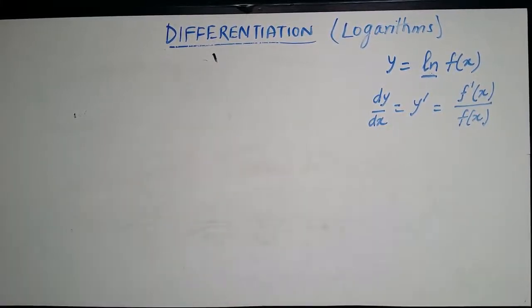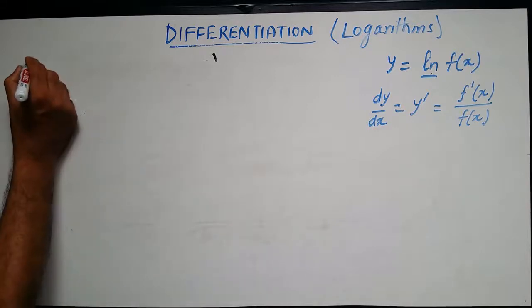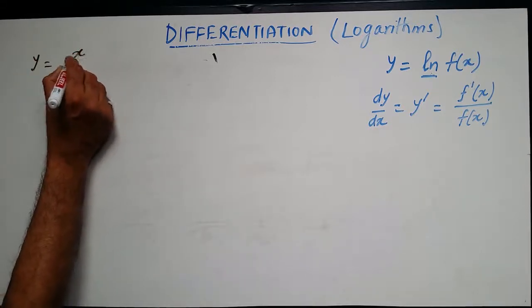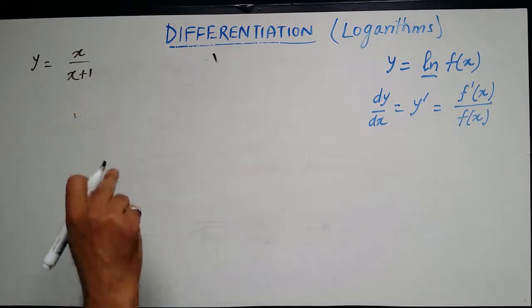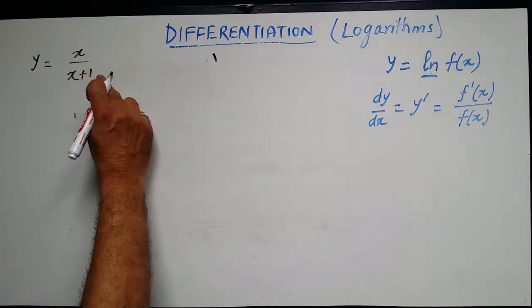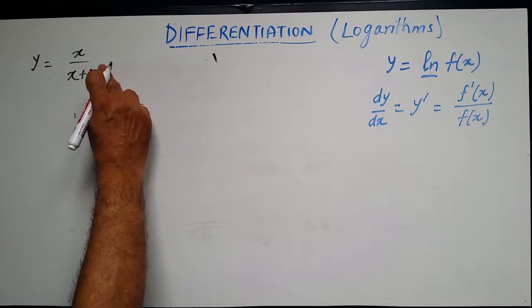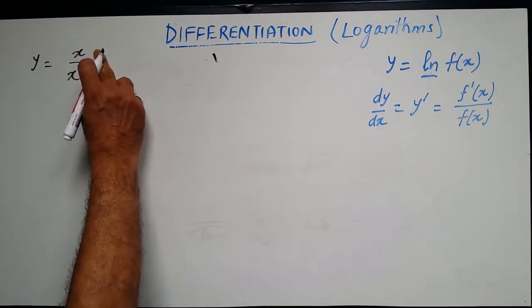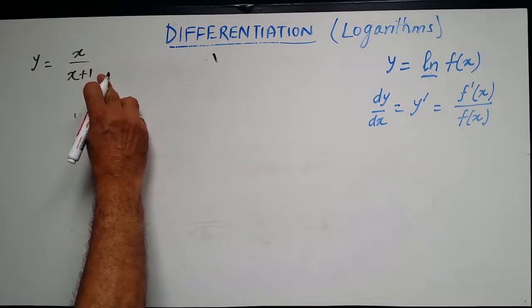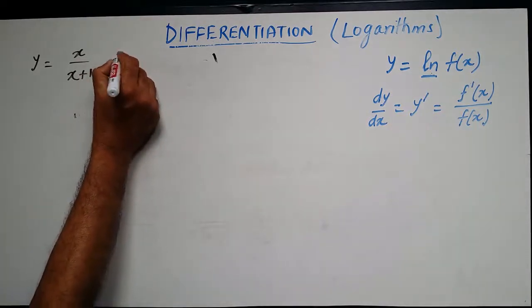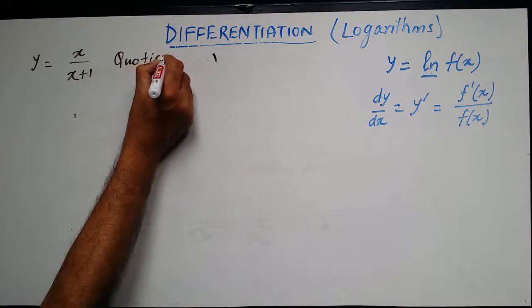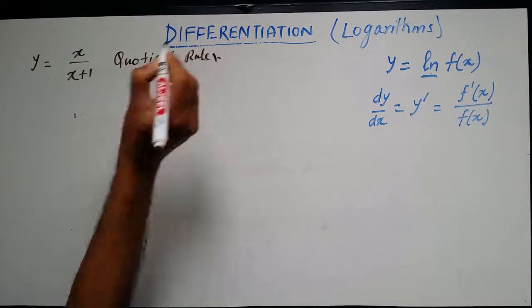Let's take another example. Let's say y is equal to x upon x plus 1. Now there is no logarithm here. This is a fraction where the numerator and denominator are algebraic expressions, so we can apply the quotient rule of differentiation.